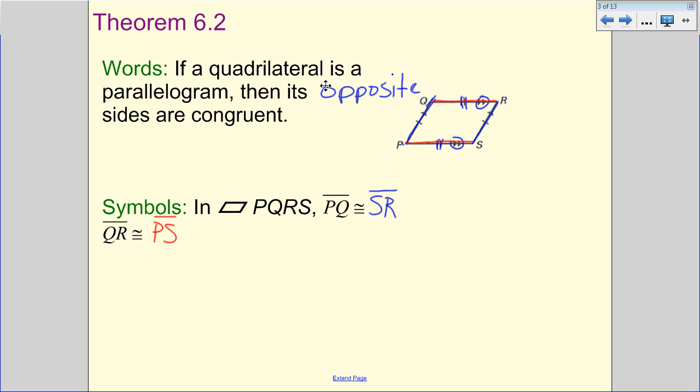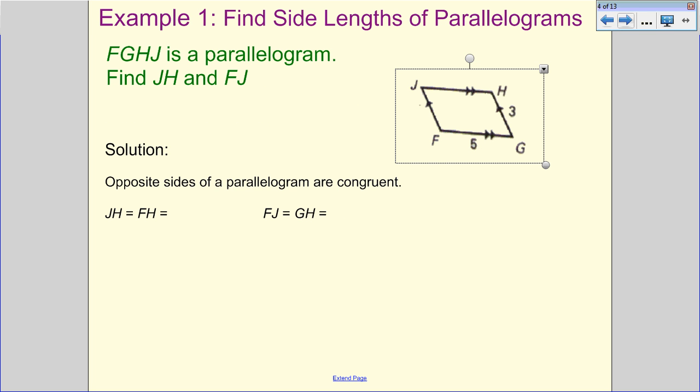So how are we going to use that? Well, you guessed it, we're going to find side lengths. So I'm going to find the side lengths of parallelograms. FGHJ is a parallelogram. I want to find JH, and I want to find FJ.